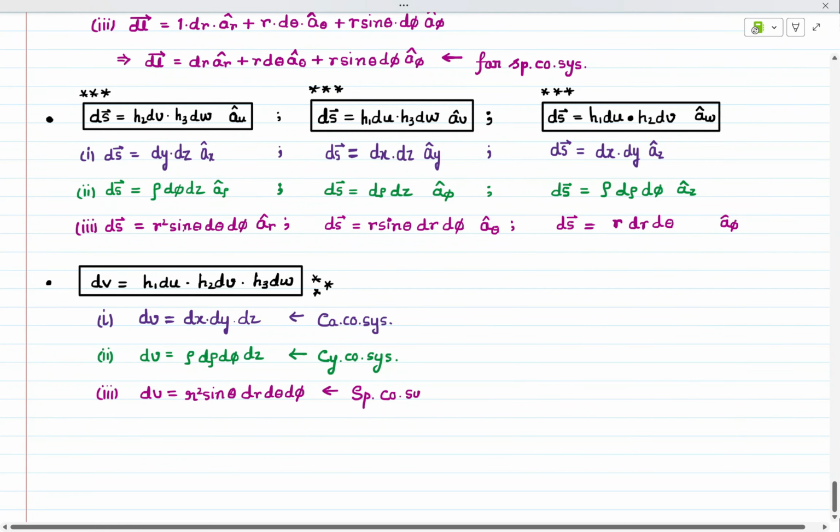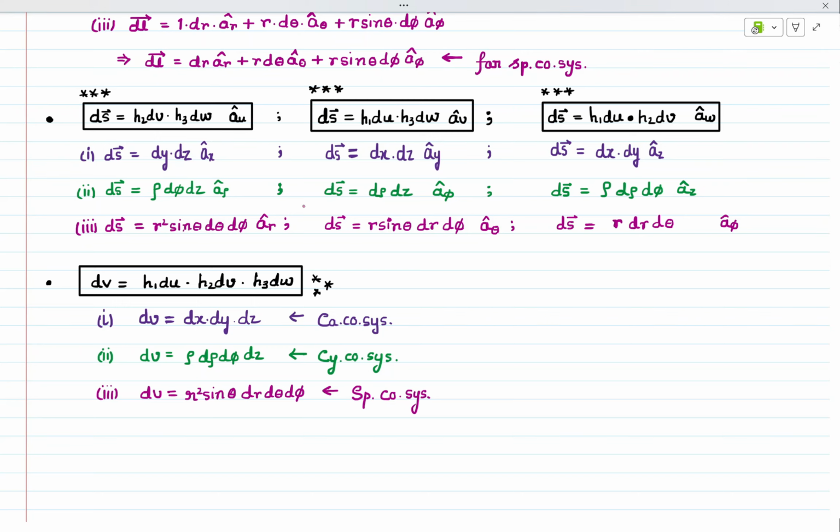In case of the spherical coordinate system, I have written it like this.